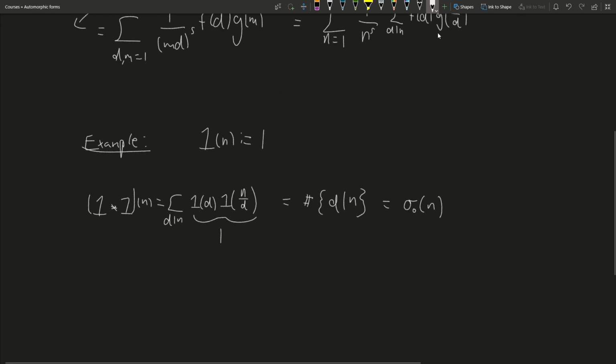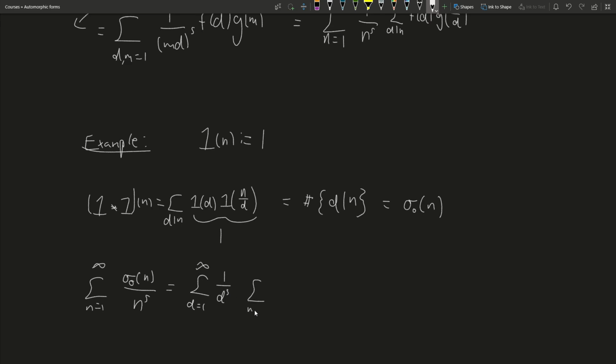So now applying this property of Dirichlet convolutions, we can say that the Dirichlet series, the sum from n equals 1 to infinity of the divisor counting function at n over n to the s, is equal to the sum over d from 1 to infinity of 1 over d to the s times the sum over m from 1 to infinity of 1 over m to the s, which is the square of the Riemann zeta function.